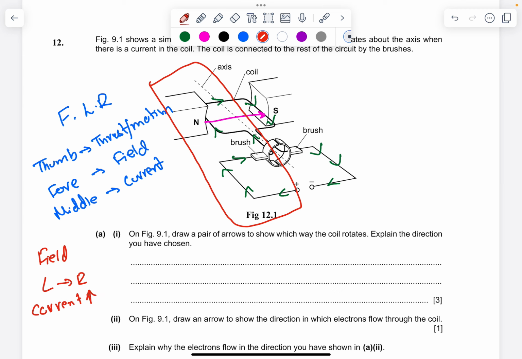Therefore, using Fleming's left hand rule, the motion will be downwards over here.